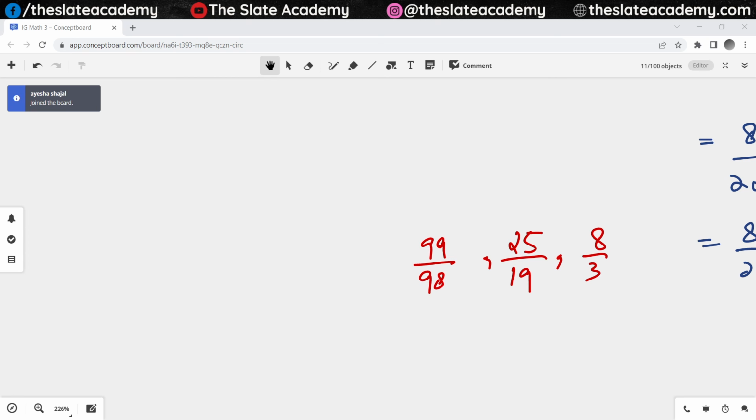Miss Noor and Miss Anam, you would give me answers of these improper fractions converted into compound fractions tomorrow. This is additional homework for the two of you. Miss Noor, do you get it? So these are three improper fractions, right? I'm simply asking for mixed fraction or compound fraction for these three.